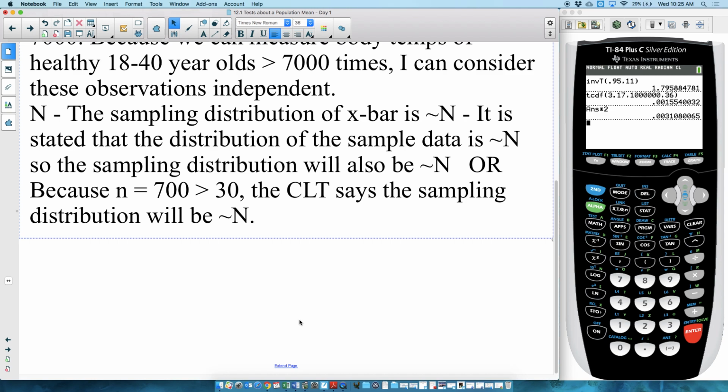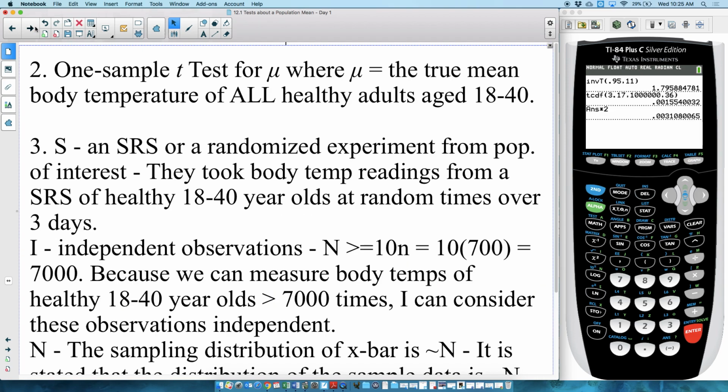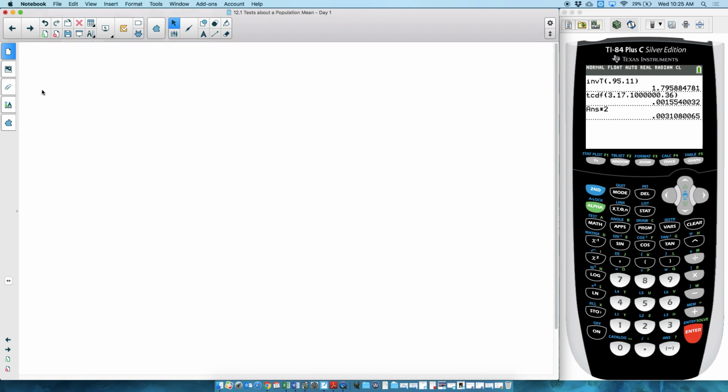All right, now my favorite step. 98.25 was the sample mean, standard deviation 0.73. Okay, let me see if I can remember all that. So for our do the math, we have to find our t. Remind me again, what do I do?